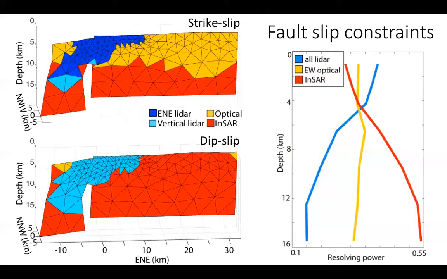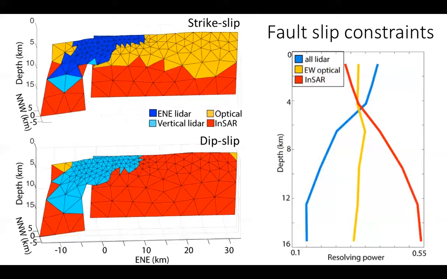This makes sense. Here along strike, where there is no Lidar data, the optical constrain the shallow strike slip motion, and INSAR constrains deeper and most of the dip slip motion outside of the Lidar coverage. And because we have two INSAR flights with different look directions, they do contribute significantly to our sensitivity to horizontal deformation.